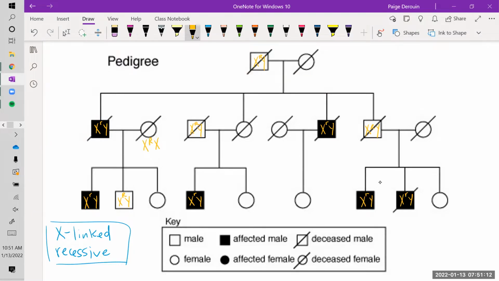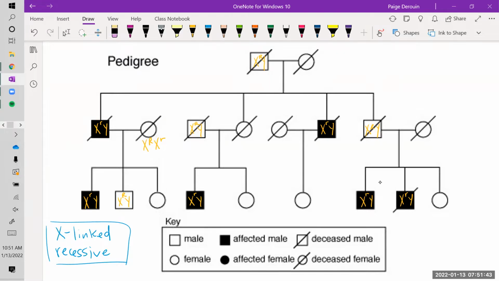And then what about her second letter? What do you think? Big or small? Small.